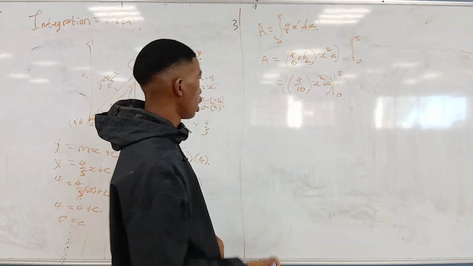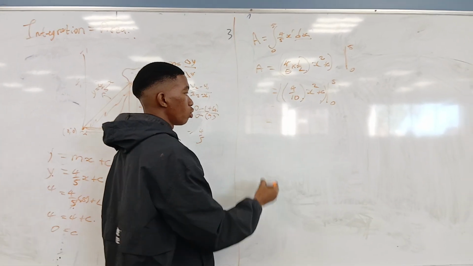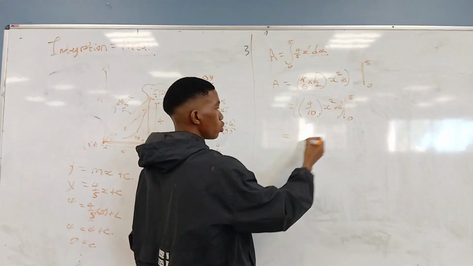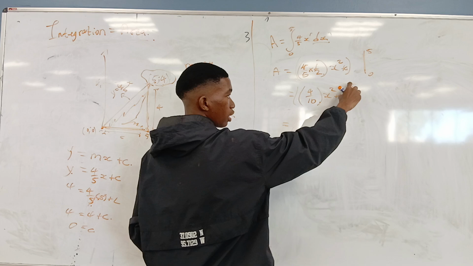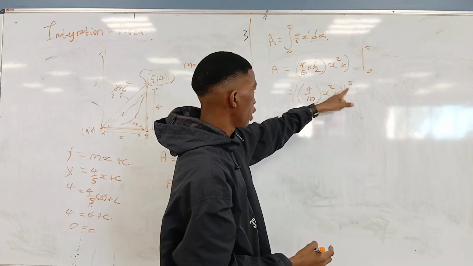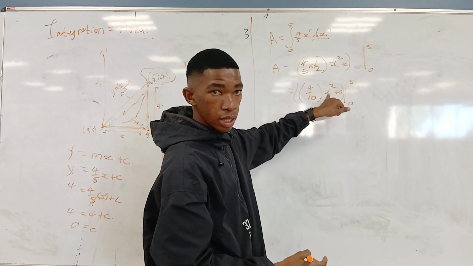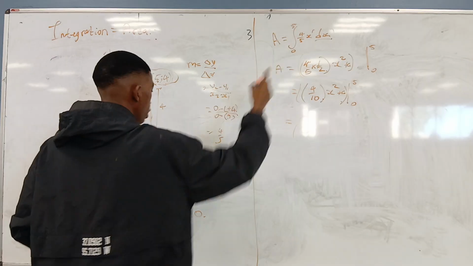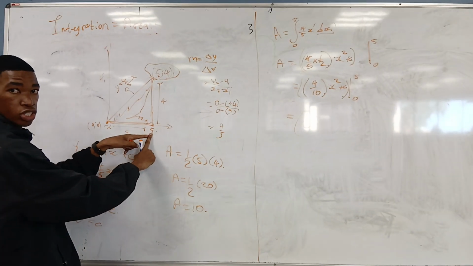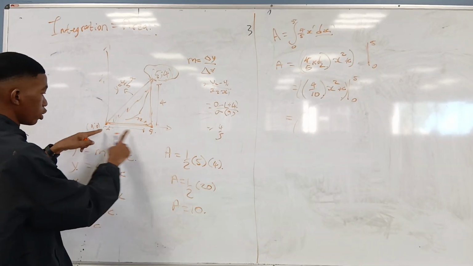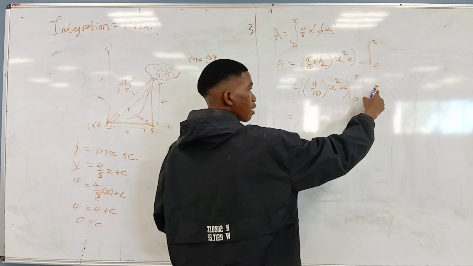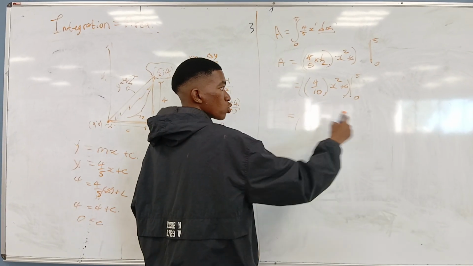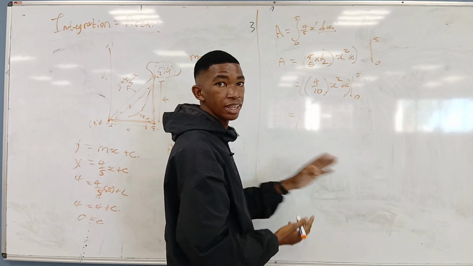Now let us further our calculation. Here we're going to have a big bracket. With this limit, we are going to substitute it where there's x. Remember, I said this limit represents the final position in your x and your initial position. So you're going to substitute 5 here and then subtract the initial one. You take the final, you subtract the initial.